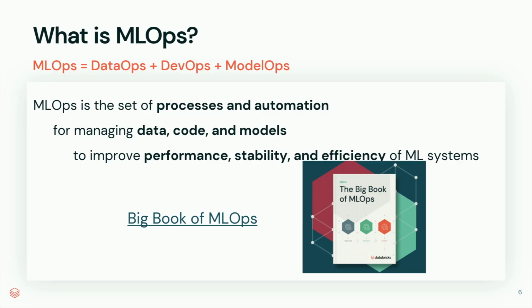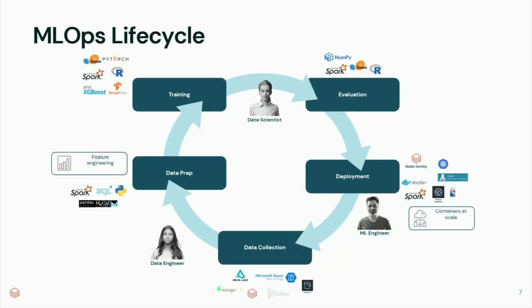But basically, the set of processes that you really want to think about are: how is my data being fed in? How are folks able to improve their model? That's the DevOps side of it. And then the model's lifecycle itself, how does that get deployed? And all three of these combine to make it so that you have a very stable, efficient, and risk tolerant system.